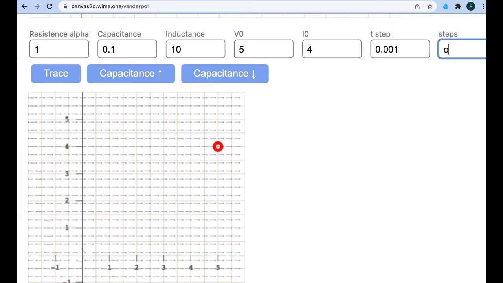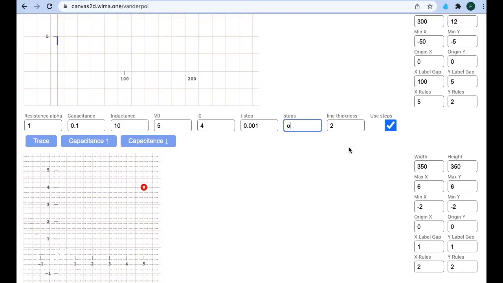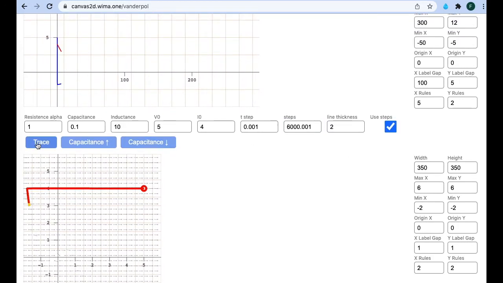Now let's see those two graphs together one last time. What you see here is that we started with a very big value, and then it converges to this cycle very quickly, and starts oscillating there. This is called the limit cycle.